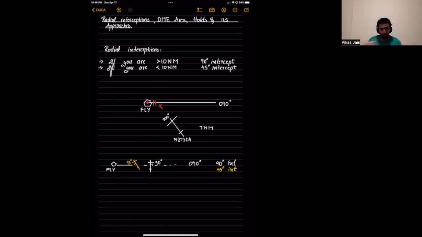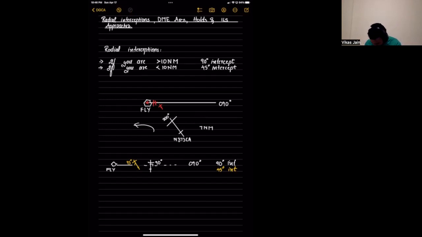If you turn to a heading of 090, your aircraft is turning this way, which is wrong. They want you to go towards the VOR and not away from it, right? So you're supposed to turn this way, correct? Assuming zero wind conditions for this problem, you're supposed to make a 45-degree intercept.